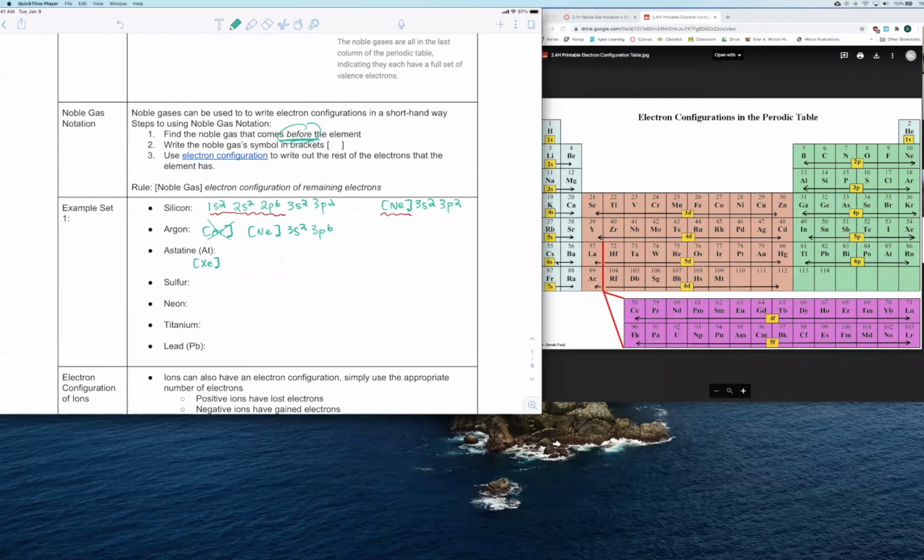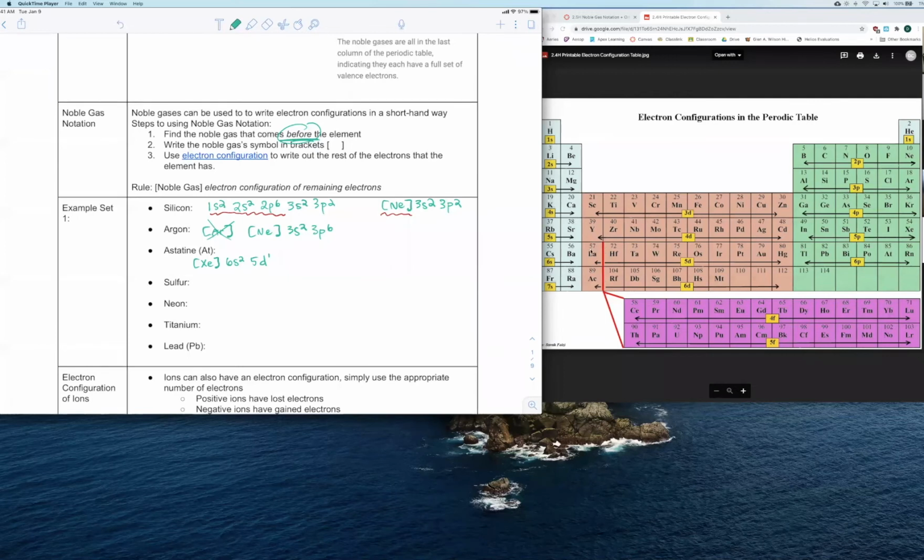And then I can start moving in. So this would be 6s2. And then over here, we would have 5d. But if you look here, 5d1 is element 57, and then it starts breaking up.